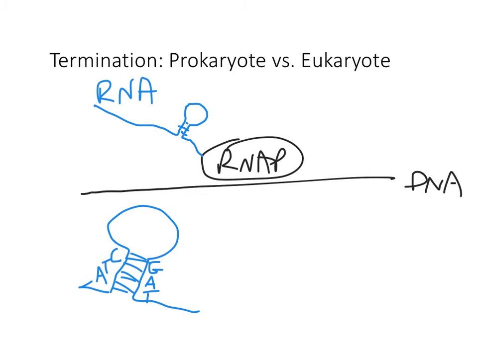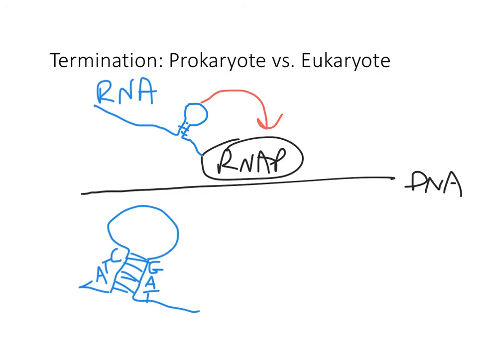In transcription, that shape physically interacts with RNA polymerase and causes it basically to fall off of the DNA. This is kind of like a lock and key mechanism. So the end of most prokaryotic genes, for the ones that use this form of transcription termination, has a physical structure that can interact with proteins that cause RNA polymerase to stop transcribing.